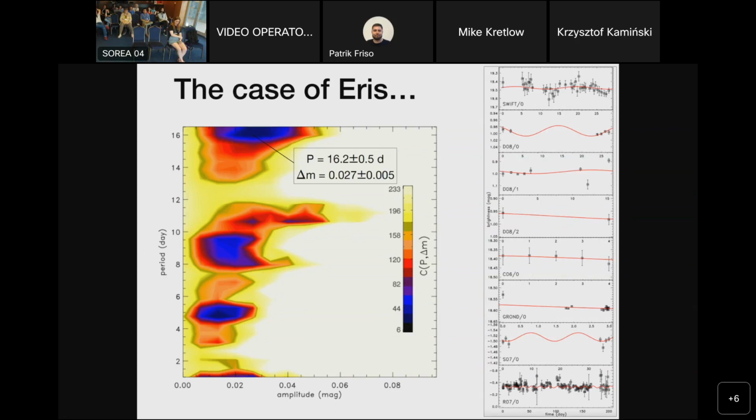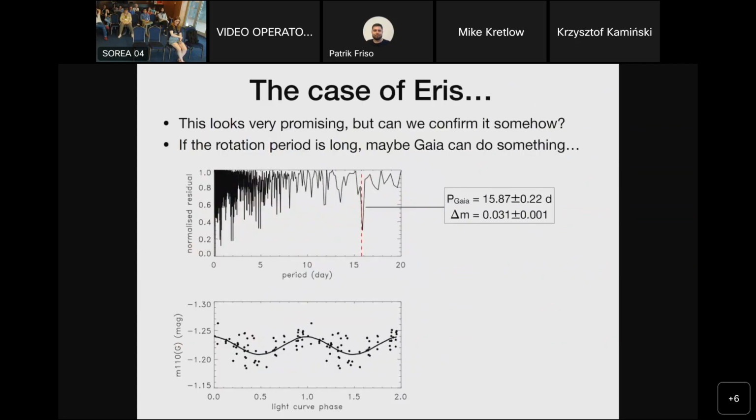Okay, but it seems that it's tidally locked, but can we somehow confirm it? Yeah, we can actually, because if you take Gaia data, the period is so long that now it's possible to see it in Gaia data. If you take other TNOs with presumably shorter rotation periods, it's difficult.